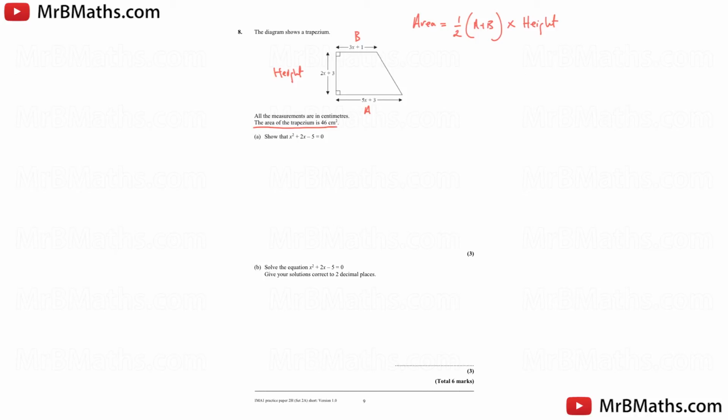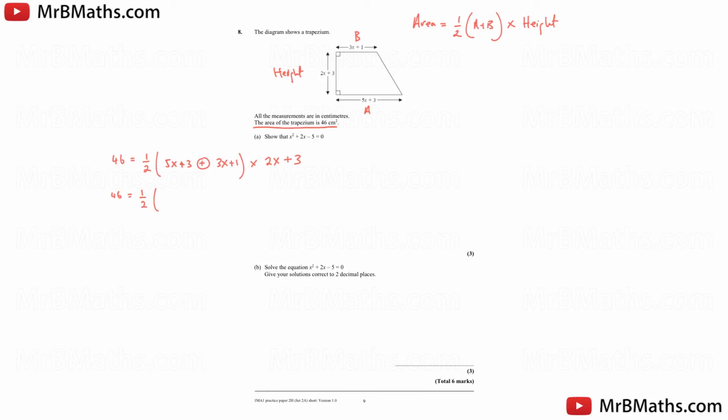So we know this here is 46, so what we can do is write 46 equals half and substitute the values in. So A is 5x plus 3, and then we've got our plus and then plus B, so that's 3x plus 1 times the height, which is 2x plus 3. So we can write 46 equals 1/2, then do the brackets first.